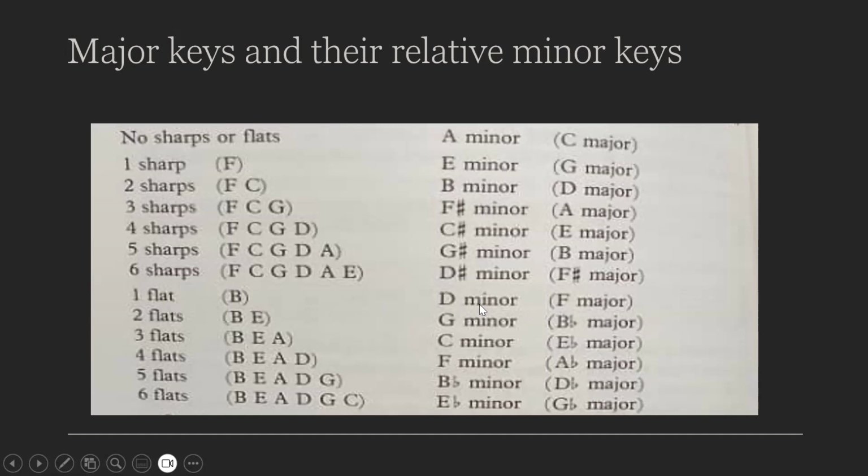D minor, aside from using the interval patterns of either natural, harmonic, or melodic. Do you understand? So before you do anything, once you start writing your D minor, it means that the tonic, you are going to start with D, E, F, G, A, B, C, D. I'm supposed to stop at D because we are writing D minor now.